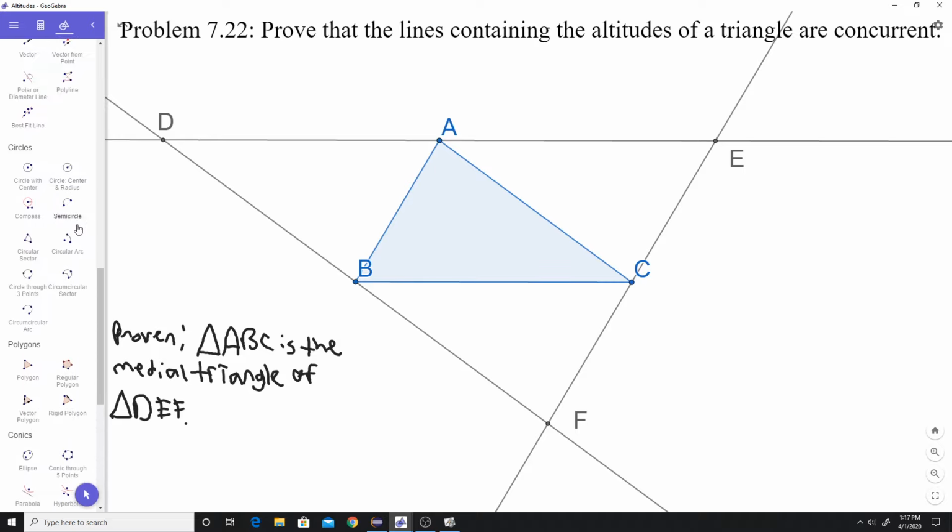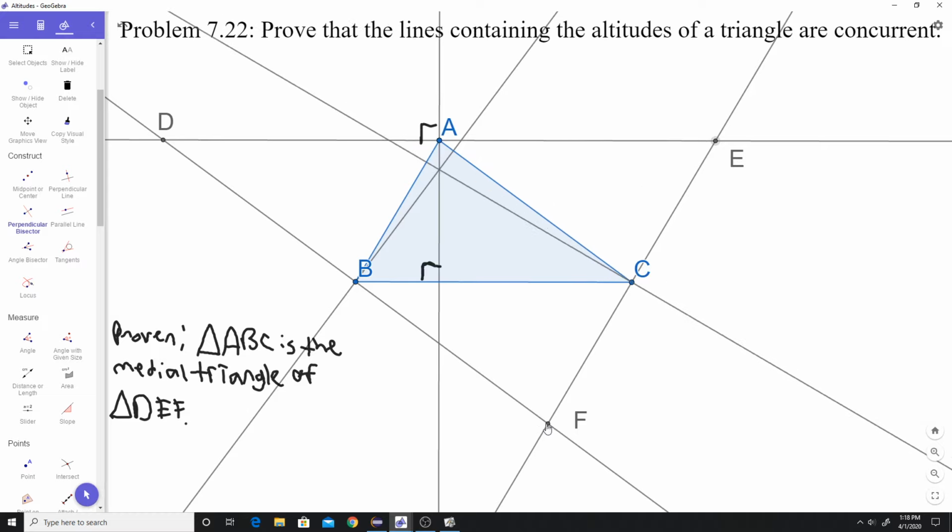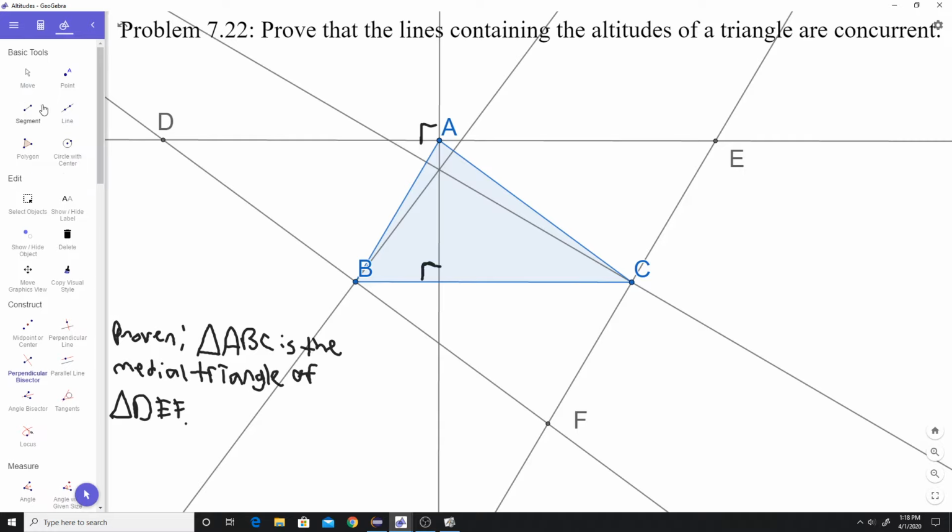And if we draw the rest of the perpendicular bisectors, I should say, we get the one going through B, and then finally we get the one going through C. And they all have that same property, that they all are the altitudes of their respective sides.